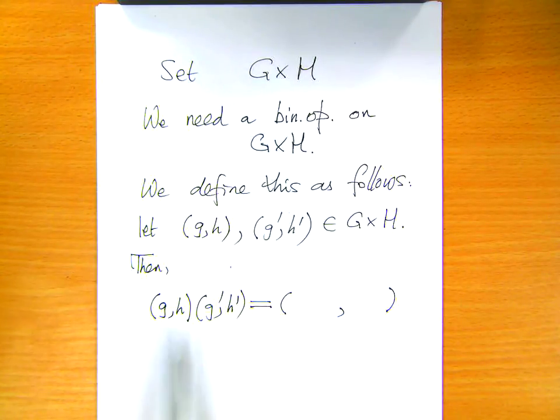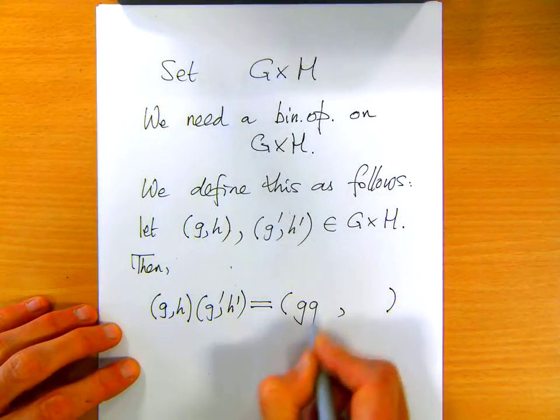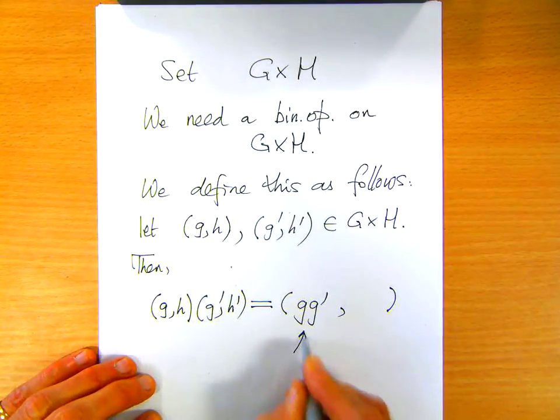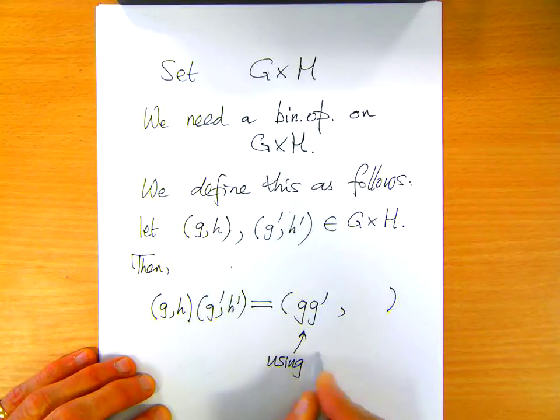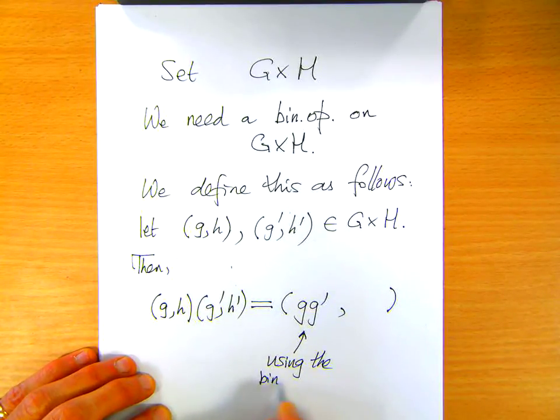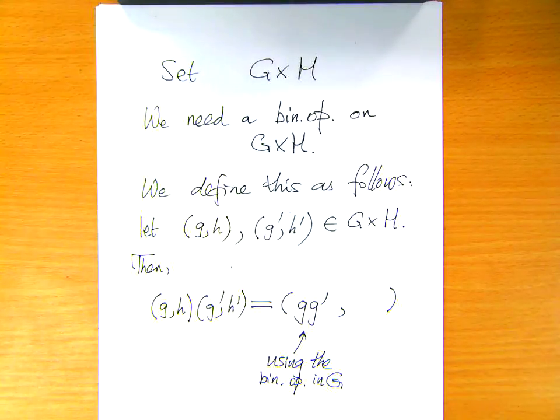Perhaps it's not that obvious the first time you see it. Well, g and g prime live in big G, so I can multiply them together in big G. So I can just do g g prime. So that's using the binary operation in G. And I can do that because G has got a binary operation. So I can multiply g and g prime together in big G. That's another element of big G, and that's what goes in the first slot.